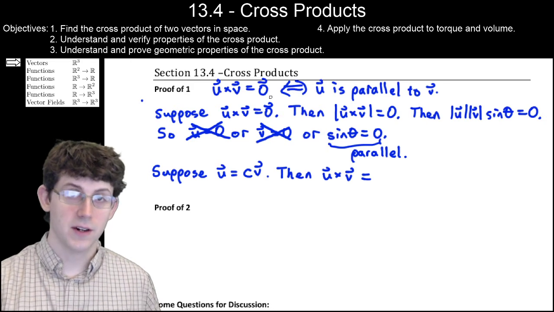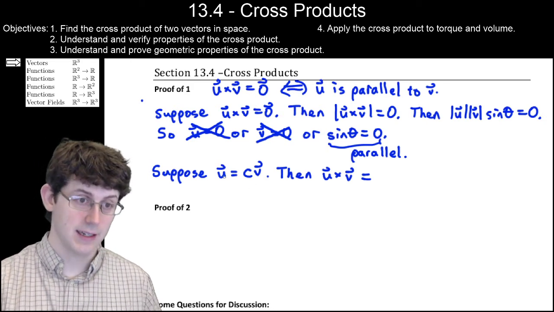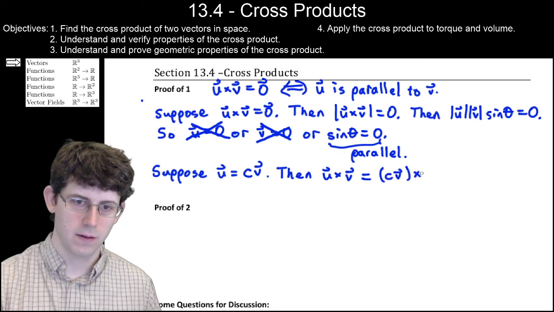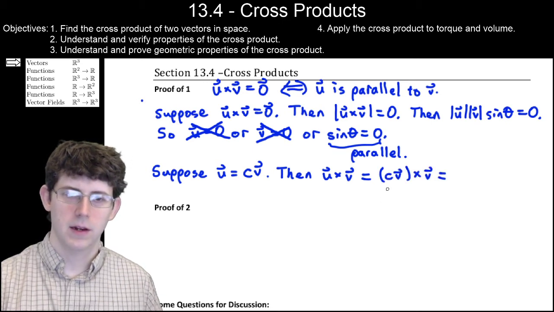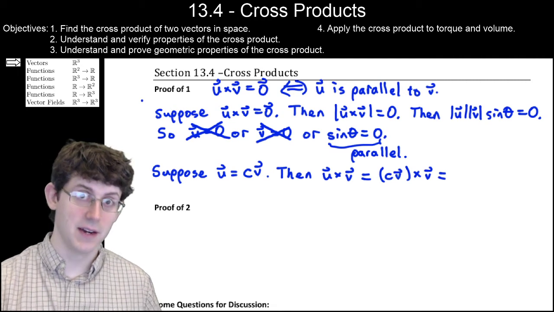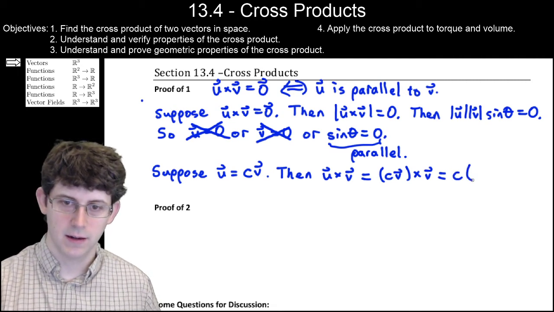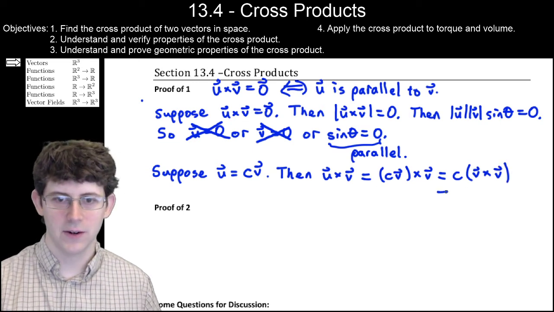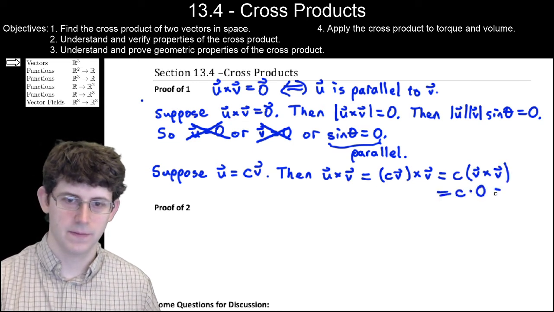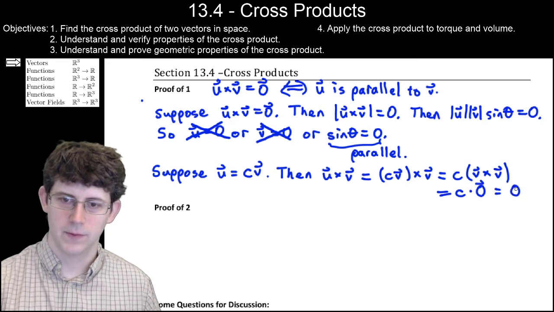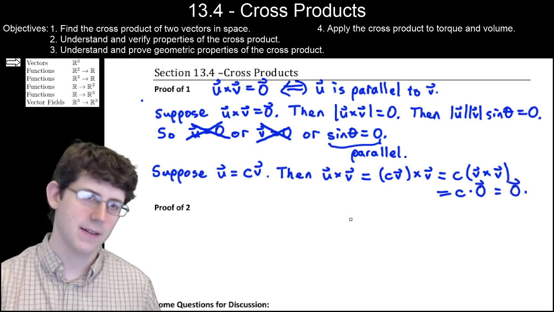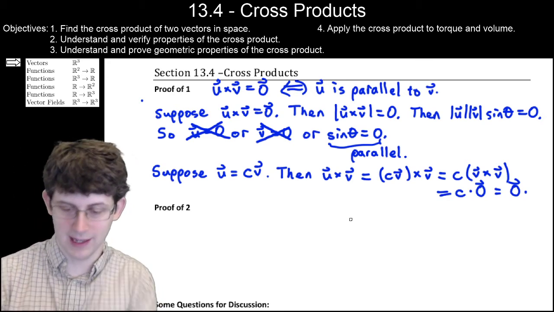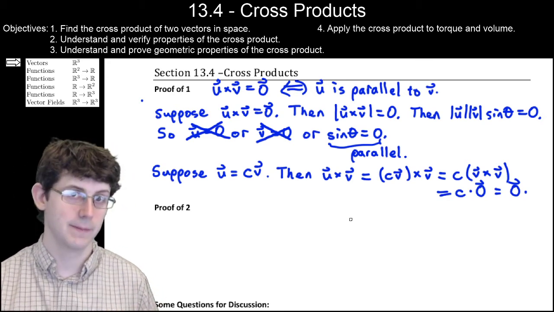We're trying to show that their cross product comes out to 0 in this case, so you substitute cV in for U. Notice that you can factor a constant out of a cross product. And then V cross V is 0, so you get a multiple of 0, which is 0. So either way, if the cross product is 0, or if you know that the vectors are parallel, you get the other fact, so the two facts are equivalent.